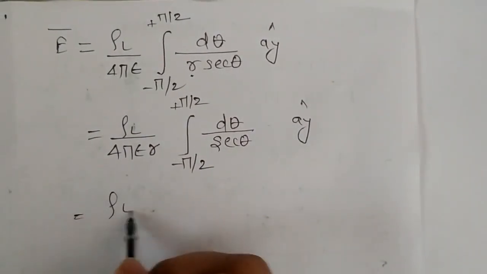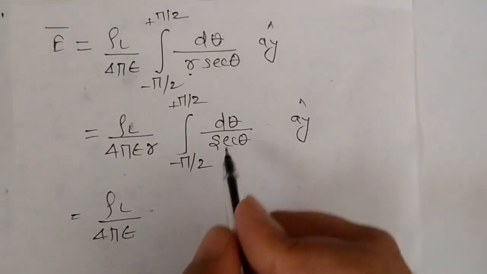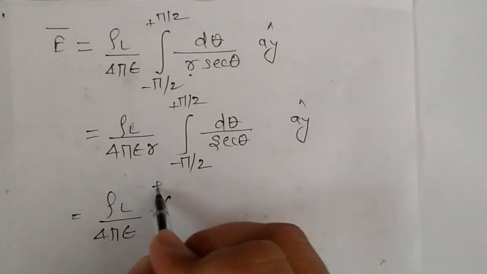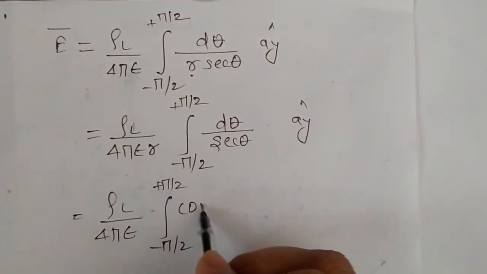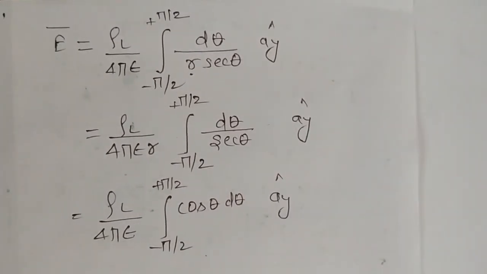It is equal to rho L divided by 4 pi epsilon. As 1 upon sec is cos, so integral from minus pi by 2 to plus pi by 2 of cos theta d theta into a cap.